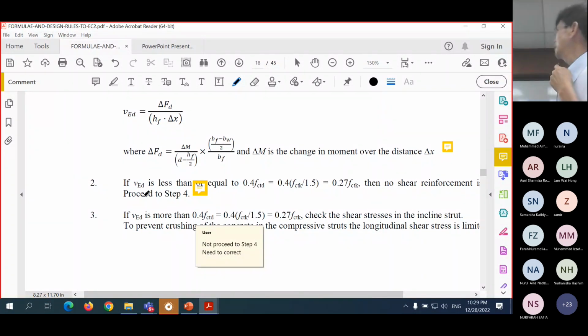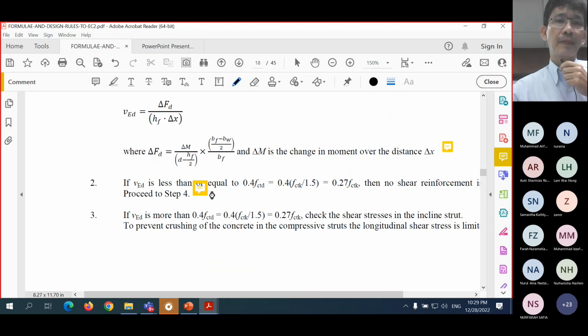Then, if VED is less than or equal to 0.4 fctd or 0.27 fctk, then you do not need to provide transverse shear reinforcement.